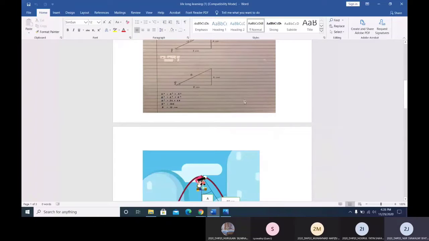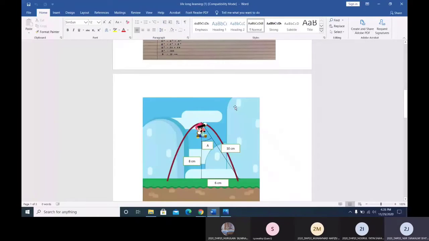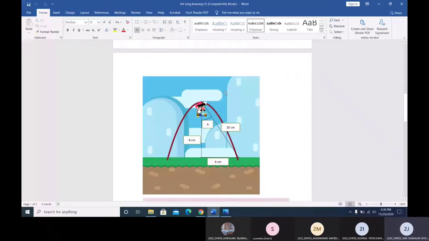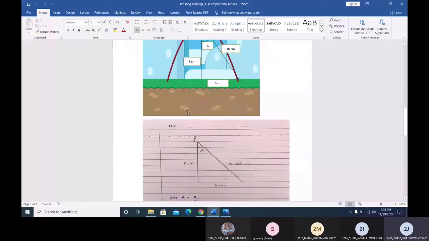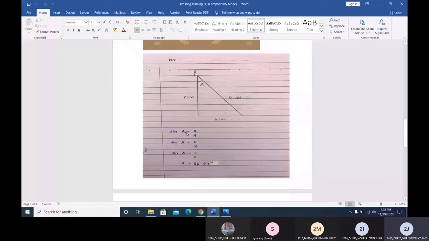So to find this angle, we use SOH, which is sine A is equal to opposite over hypotenuse. So sine A is equal to 6 over 10. So sine A is equal to 3 over 5.